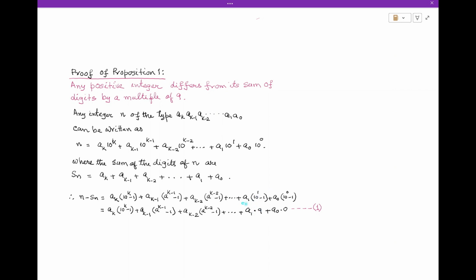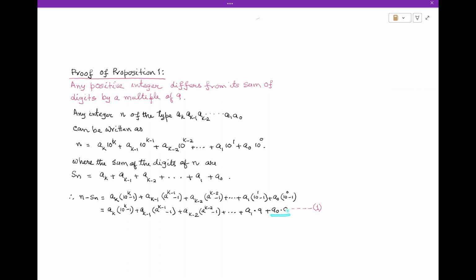Finally, a_1 multiplied by (10 to the power of 1 minus 1) plus a_0 multiplied by (10 to the power of 0 minus 1), and that is equal to a_k times (10 to the power of k minus 1) plus a_(k-1) times (10 to the power of k minus 1, minus 1), and so on, finally plus a_1 multiplied by 9 plus a_0 multiplied by 0.